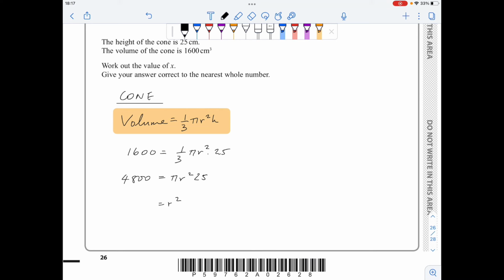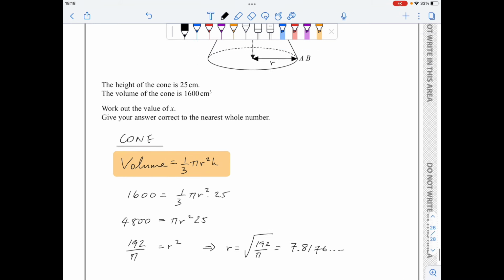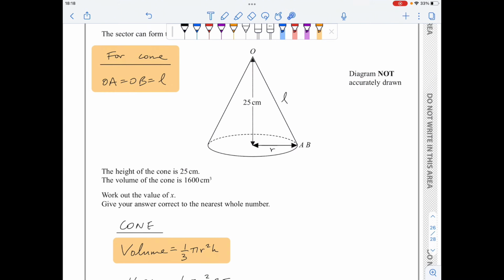So r squared comes out to be 192 over pi. Hence, r is equal to the square root of 192 over pi. And this, as a decimal, is 7.8176 and so on. I can use the radius and the height and this right angle triangle to find L.